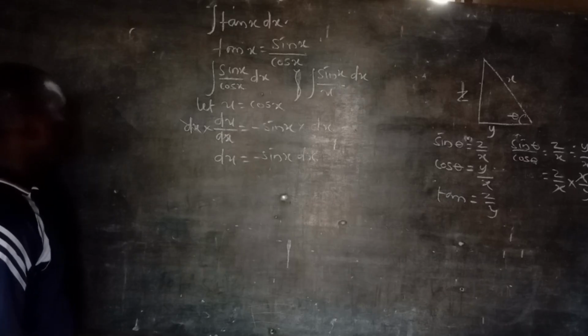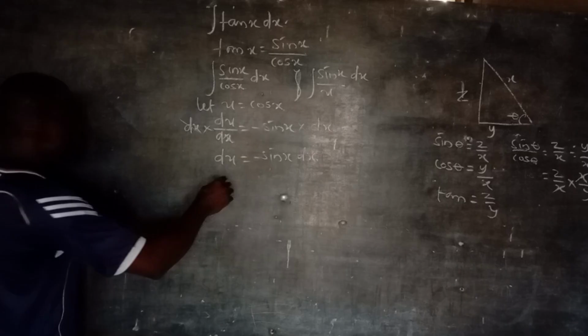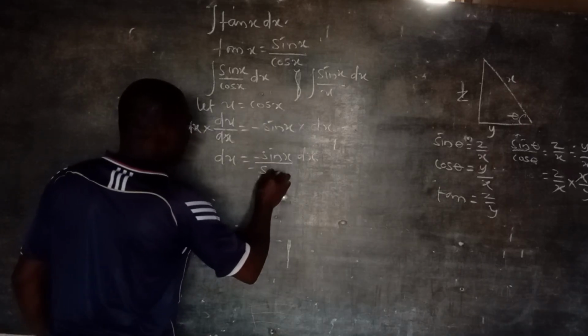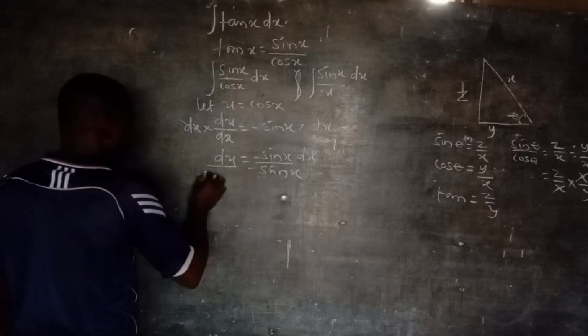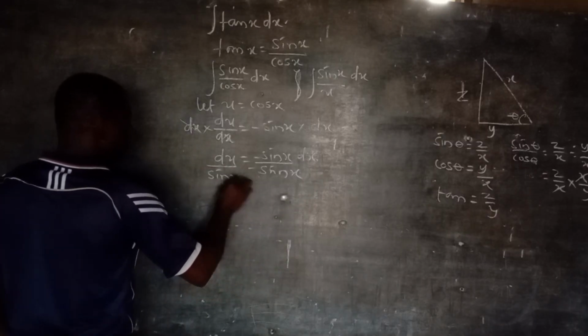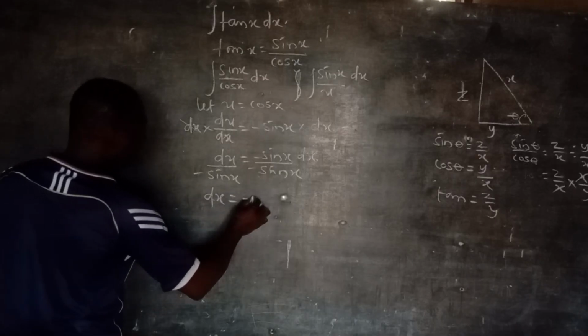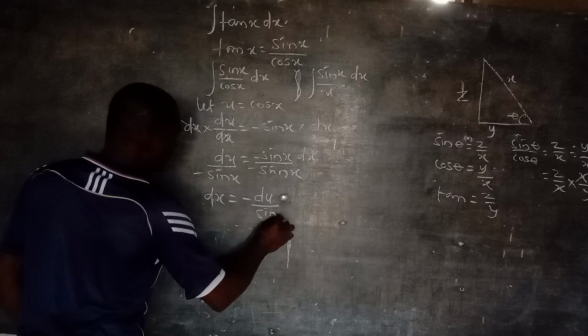So for us to get dx alone, we divide both sides by negative sine x. So dx on its own is negative du over sine x.